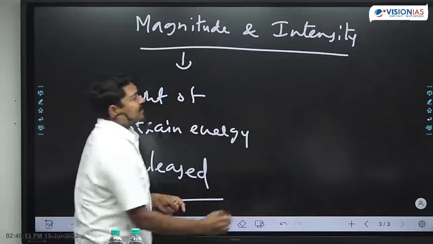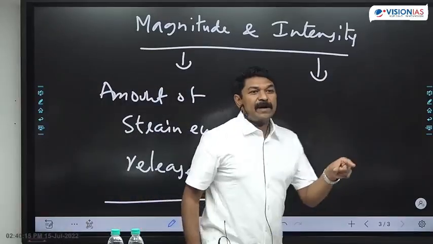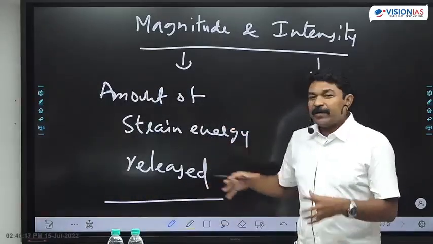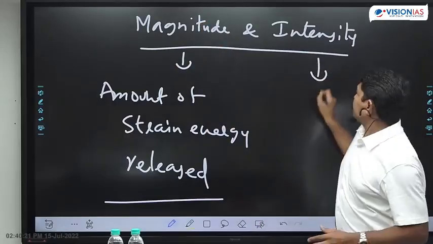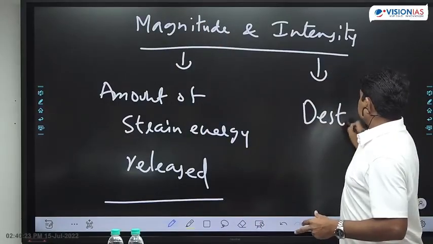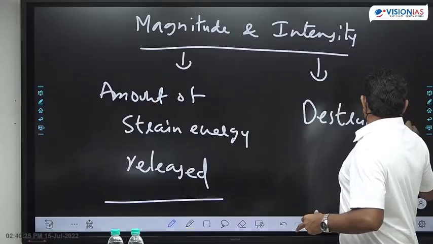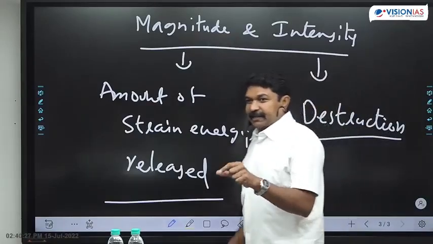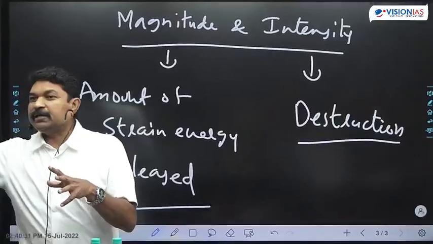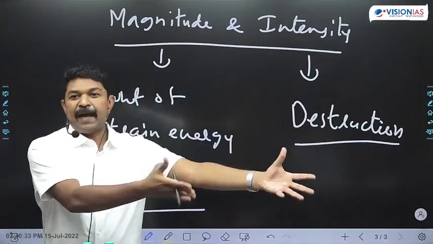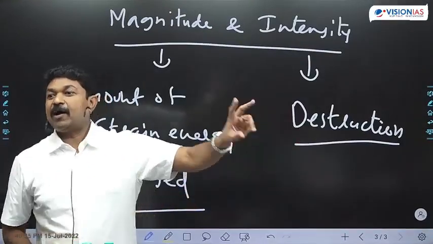But intensity is nothing but, because of the amount of energy released, how much destruction happened. It talks about destruction. Because of that magnitude of energy, how much impact, how much effect there is, is called intensity.